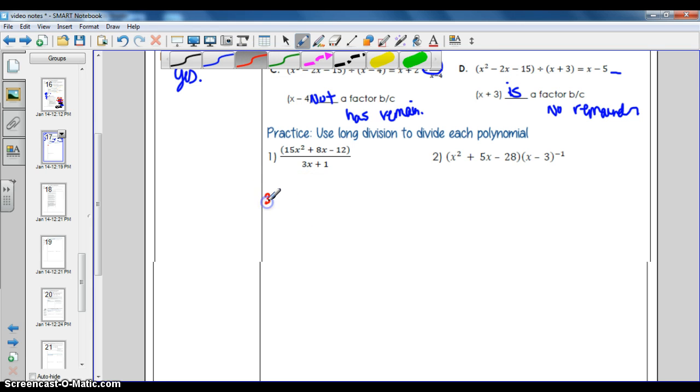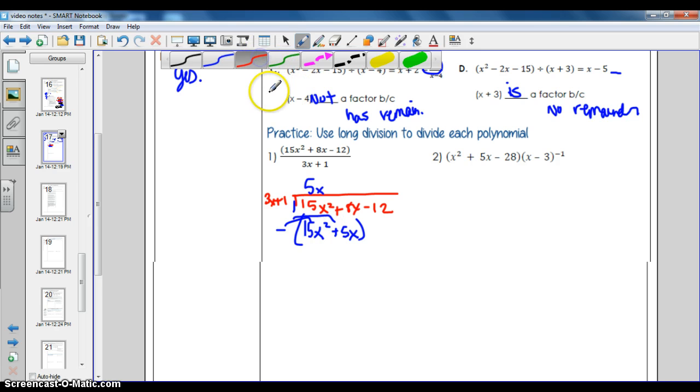So 3x plus 1 out front, underneath 15x squared plus 8x minus 12. Think division. Dividing 15x squared by 3x, you'd get a 5x. So now multiply 15x squared plus 5x. Remember, we are subtracting, so we distribute that negative.